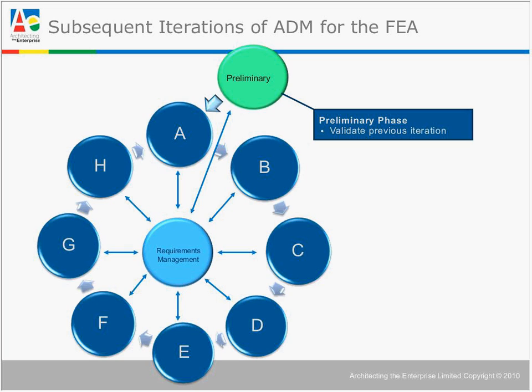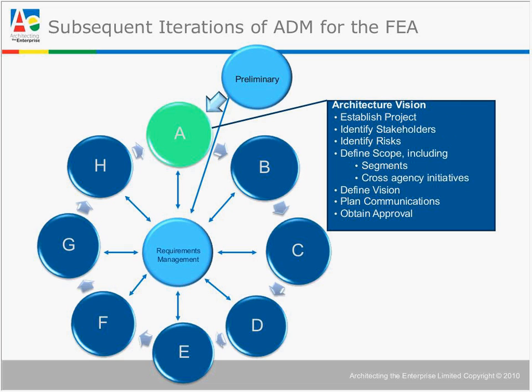In the primary phase, we're just validating our previous iteration. We're basically doing the same things. Important here: identify stakeholders, identify the risks in our project, scope, always important.